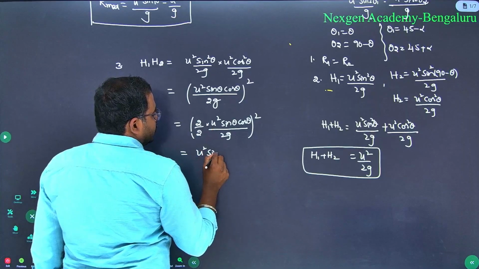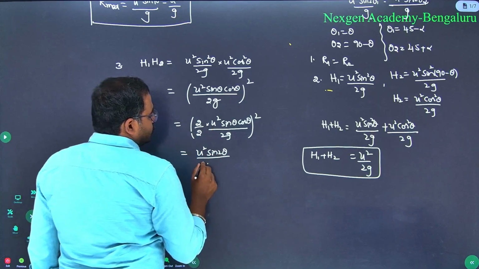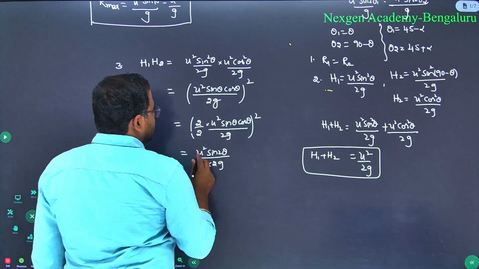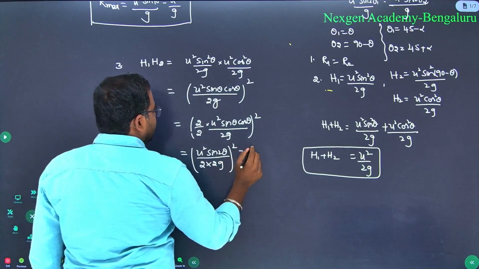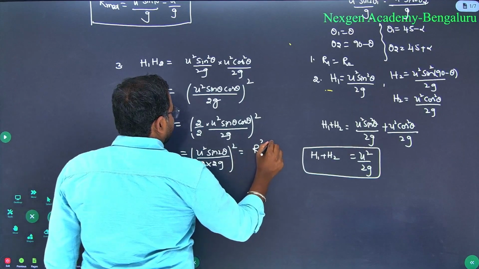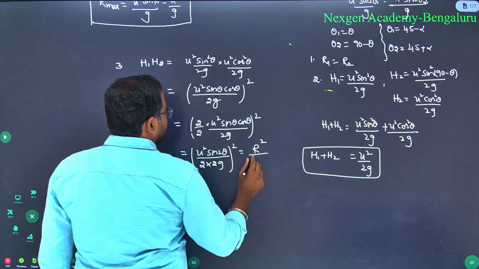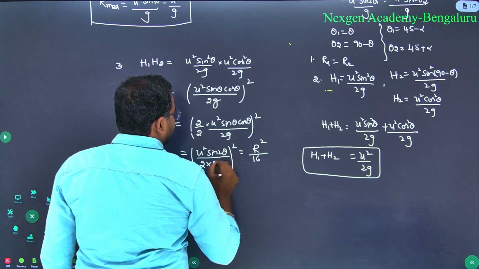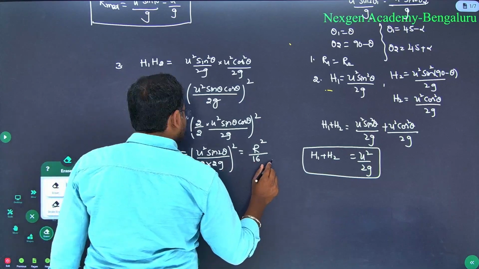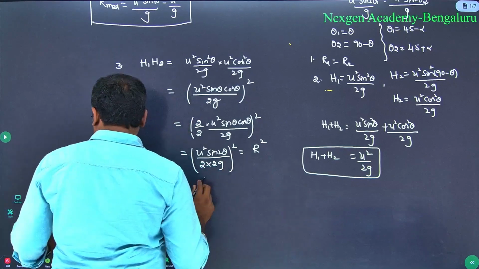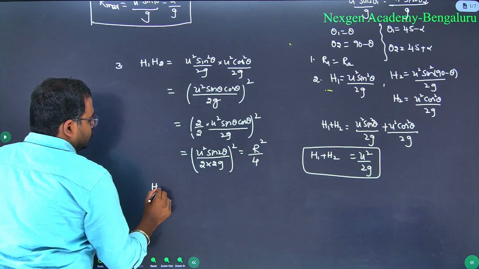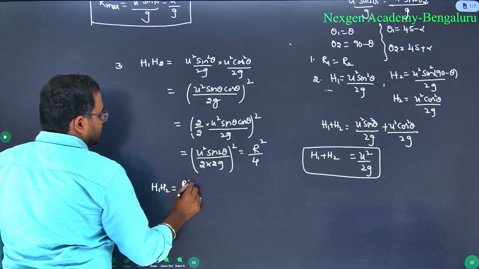So U square sin 2 theta by 2 into 2g, or 4g, whole square, and this can be written as R square by 4. Therefore H1 into H2 is equal to R square by 4.